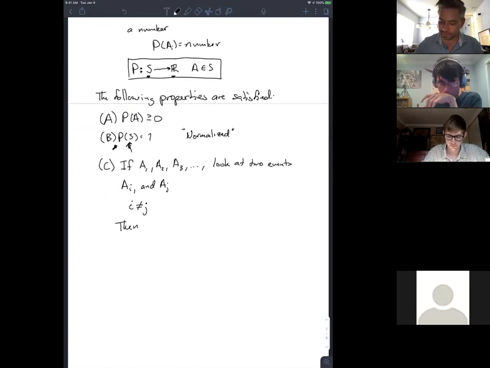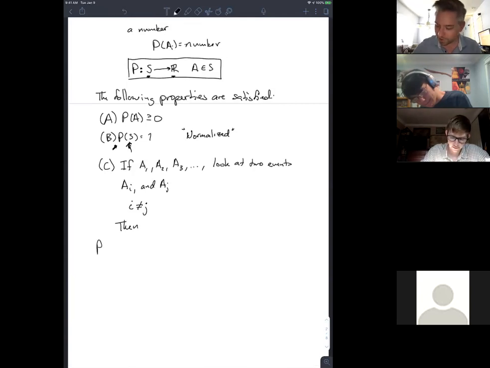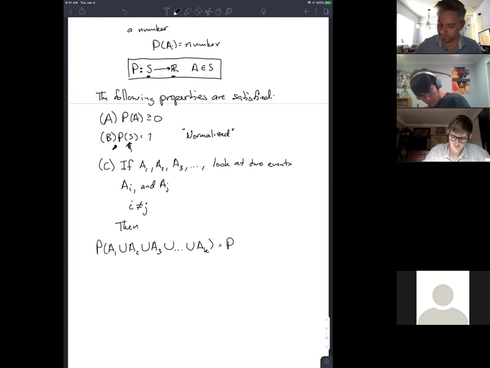Then the probability of one of those things happening. Let me write it out in math speak, and then we can talk about exactly what it means. Then the probability of A1, A2, A3, and so on and so forth, up to AK, is just the sum of the individual probabilities.